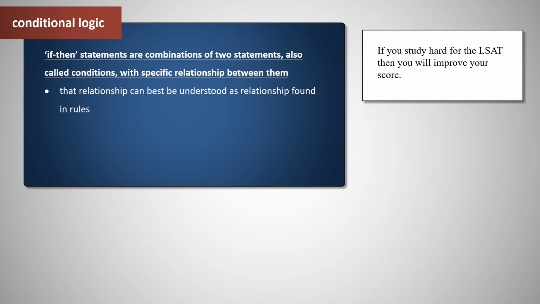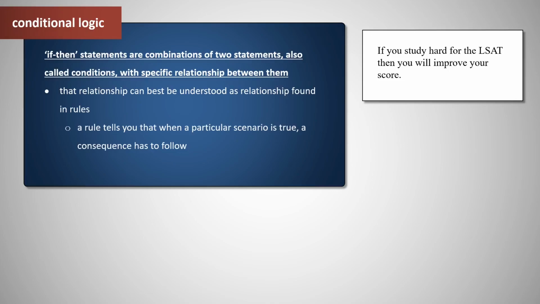Now, that relationship can best be understood as the relationship found in rules. By rules, I just mean what we intuitively and generally understand as a rule, what we would have encountered in everyday life. Rules in school, rules on the road, etc. Basically, a rule tells you that when a particular scenario is true, a consequence has to follow.